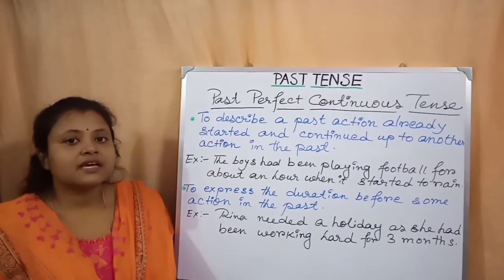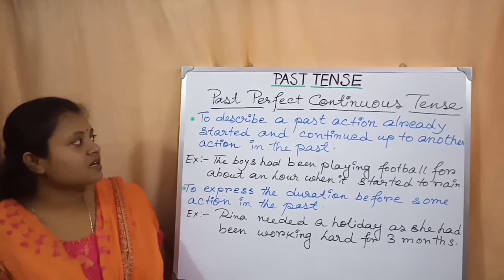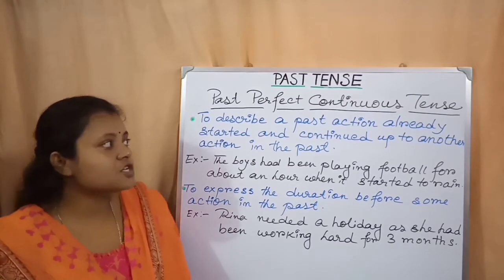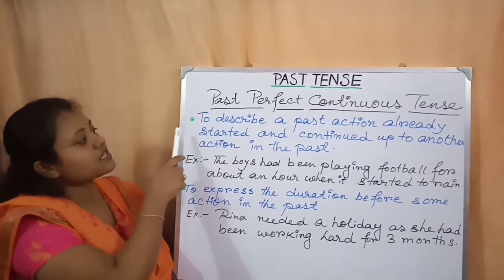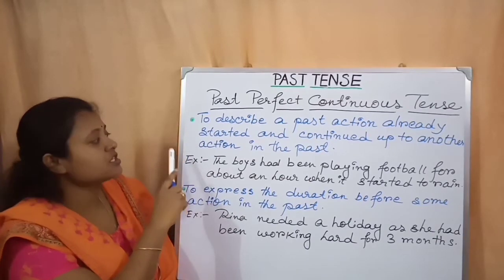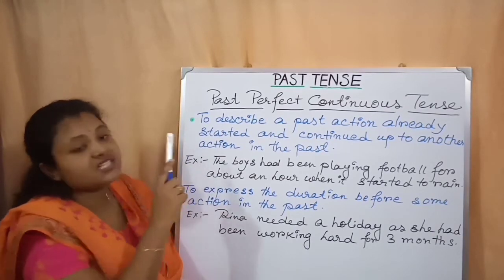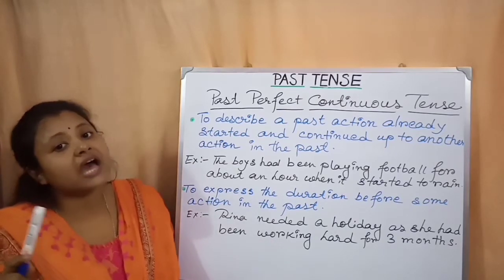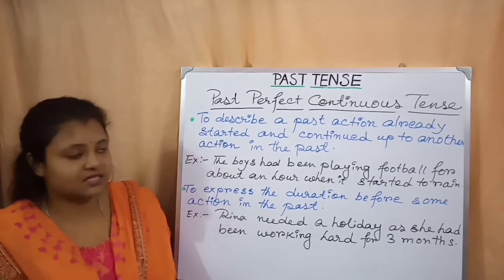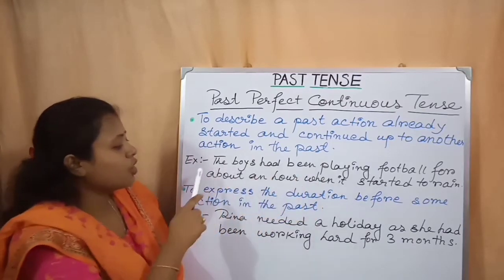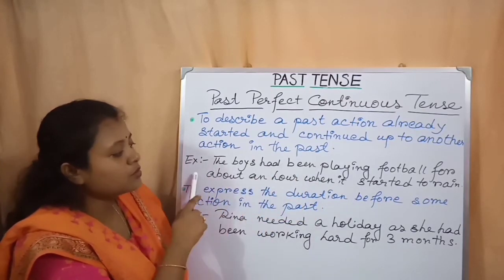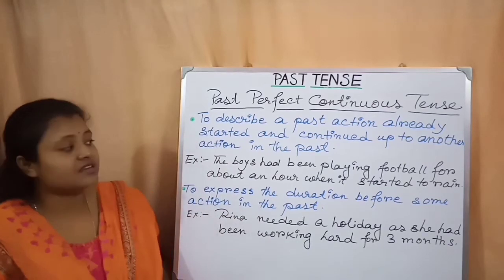So students, let me discuss past perfect continuous tense with you now. So this tense is used to describe a past action that already started and continued up to another action in the past. The boys had been playing football for about an hour when it started to rain.